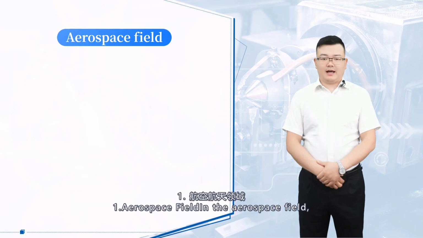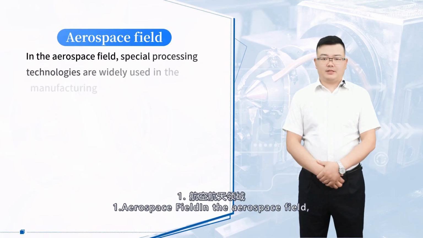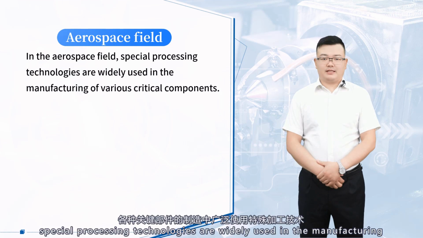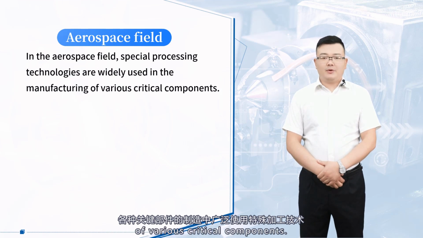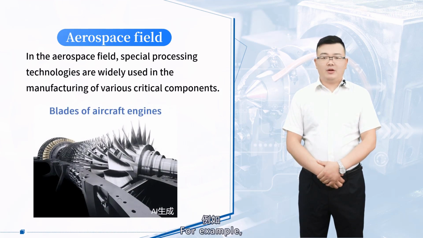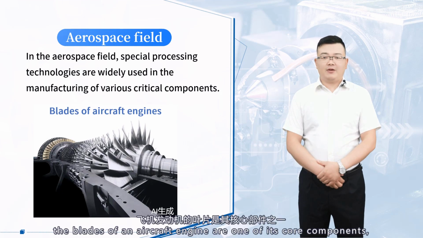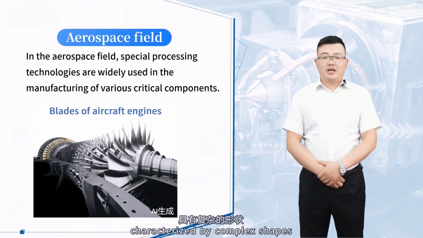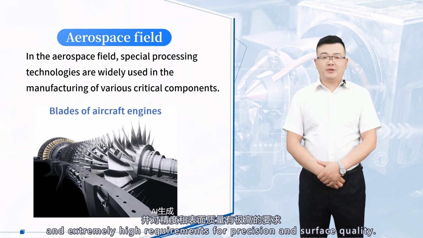1. Aerospace field. In the aerospace field, special processing technologies are widely used in the manufacturing of various critical components. For example, the blades of an aircraft engine are one of its core components, characterized by complex shapes and extremely high requirements for precision and surface quality.